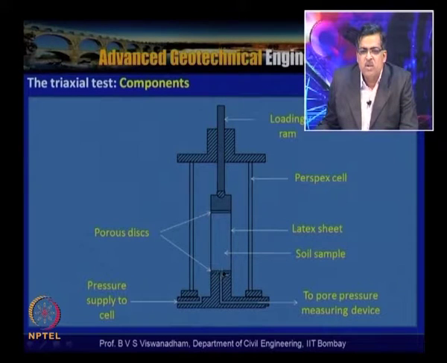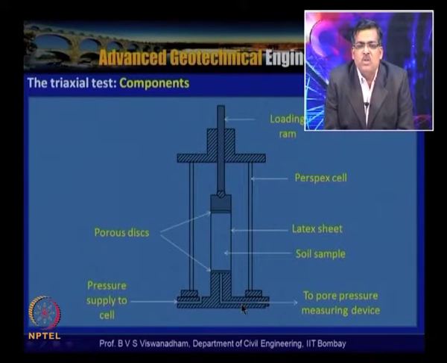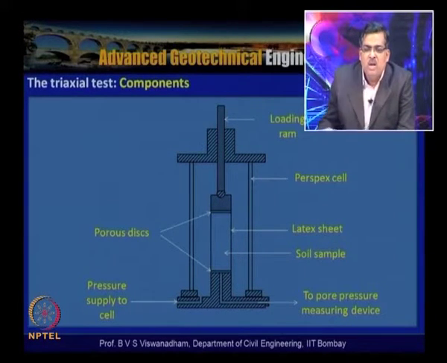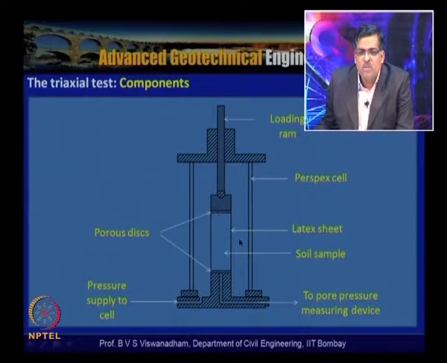When the sample is placed, there is a rubber membrane as an interface, and then the load cell placed here, this is the loading ram, and the inside is filled with water, and this water is pressurized to different pressures, sigma 3.1, sigma 3.2 and sigma 3.3, different cell pressures. Initially the pressures are uniform.